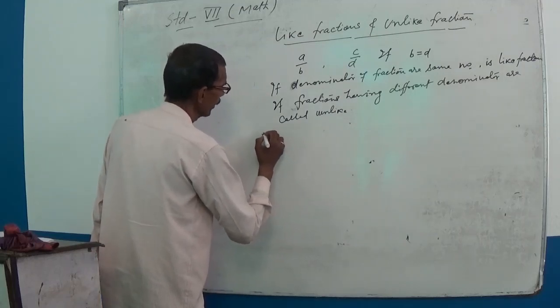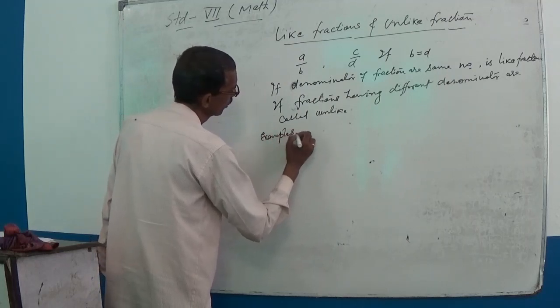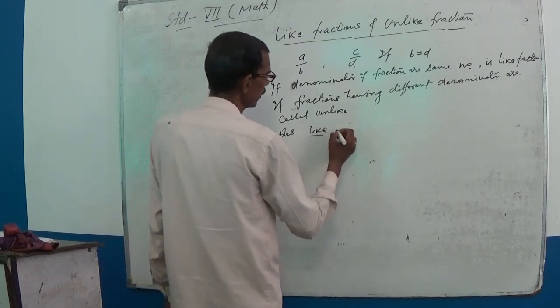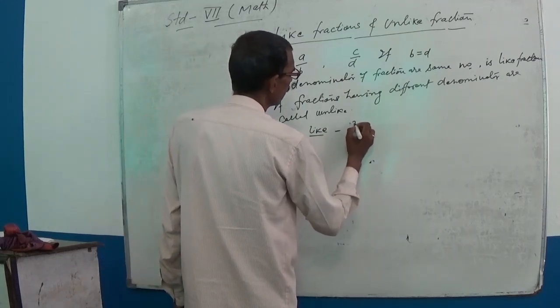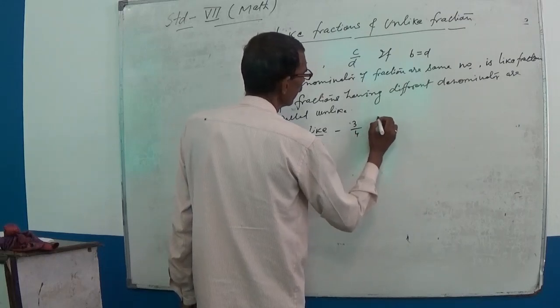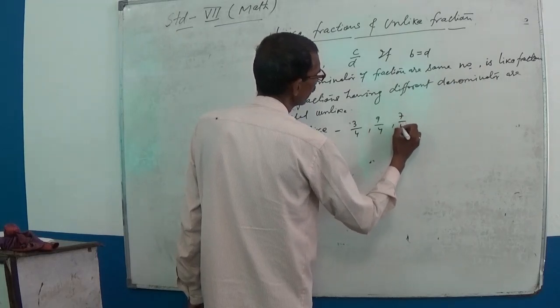Some examples of like fractions: 3 by 4, 9 by 4, 11 by 4.